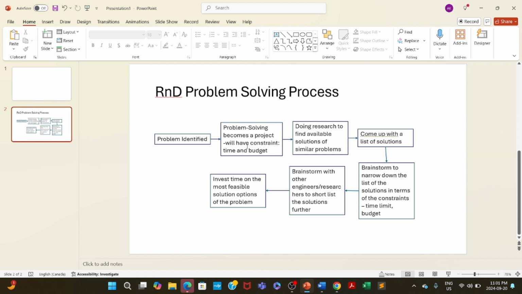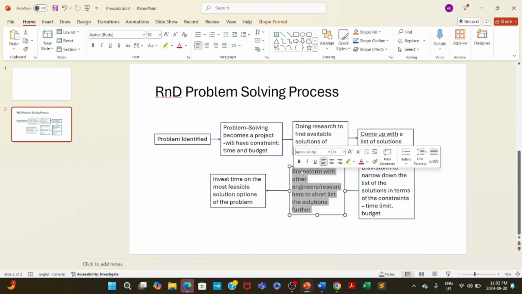So a project is basically when we have constraint, time, and budget, and then we do research to find out available solutions of similar problems, come up with a list of solutions, and then we brainstorm to narrow down the list of solutions in terms of constraints, time limit, budget, and brainstorm with other engineers or researchers to shortlist the options further.